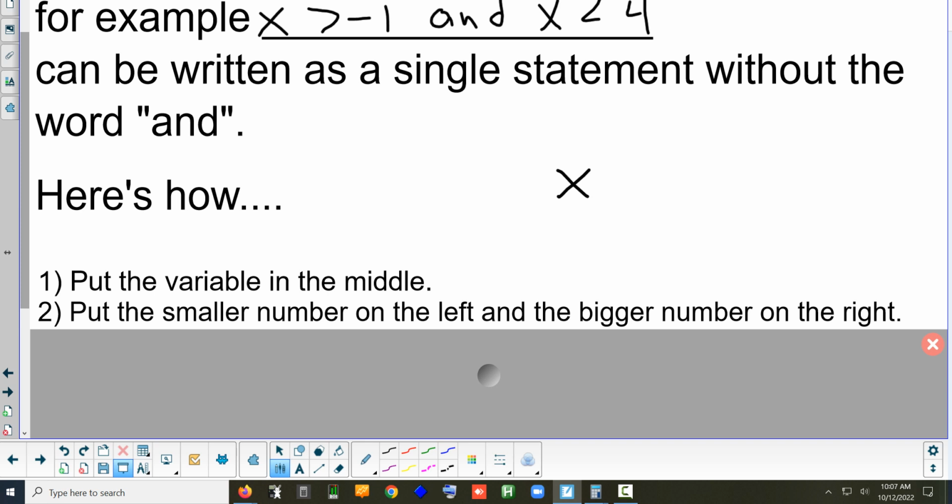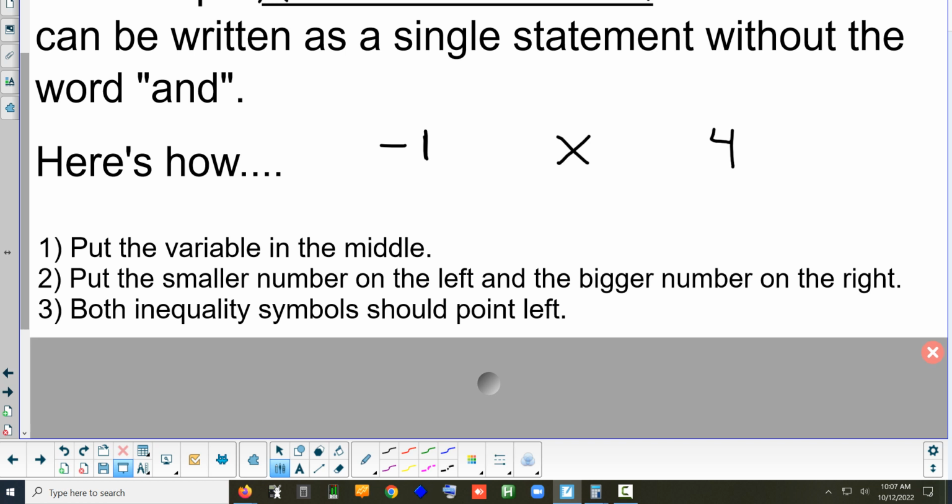The -1 is smaller. So put the smaller number on the left, leave a little bit of space in between. And what's my bigger number? Yep, 4. Put the 4 on the right. That's step 2.